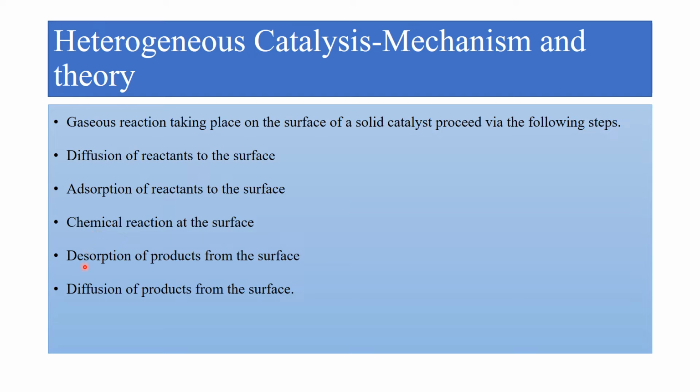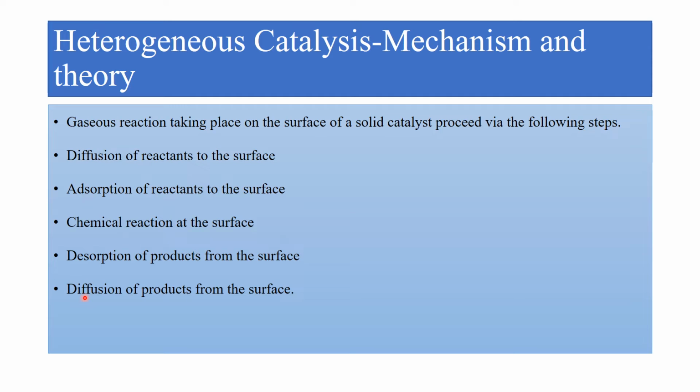Next one is the desorption of products from the surface. After chemical reaction, the intermediate compound gets desorbed from the surface, which again becomes available for adsorption for other molecules to come. Last one is diffusion of products from the surface.